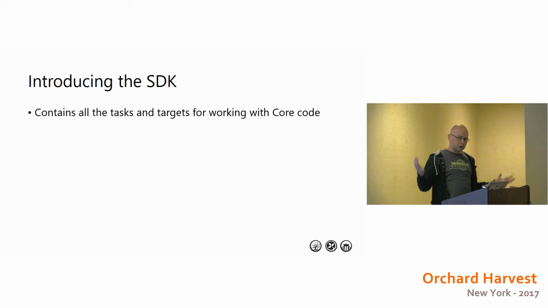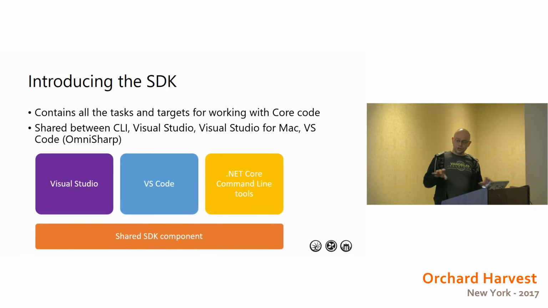We just bundle that under the name SDK. That's all the stuff that the IDEs and the CLI are going to use to manage your code. It's a shared set of components that is going to be used by all the development environments, and of course, it's not limited to those. Any other IDE can use them as well.